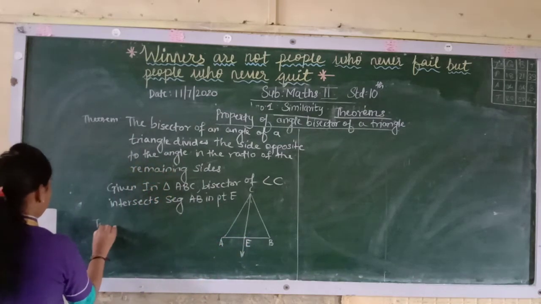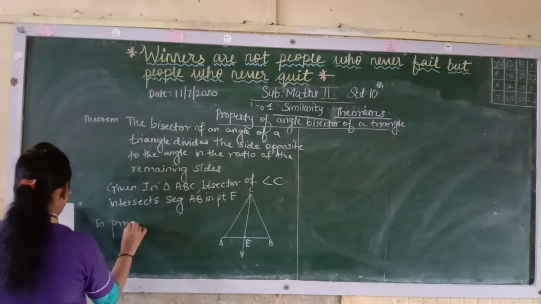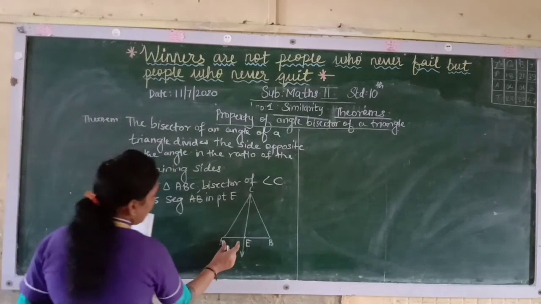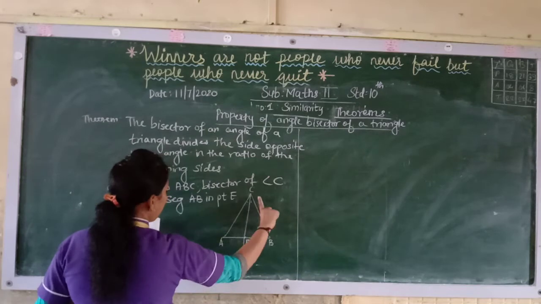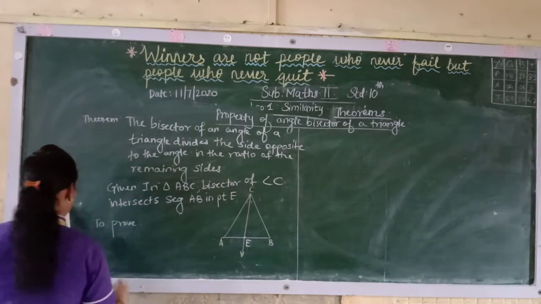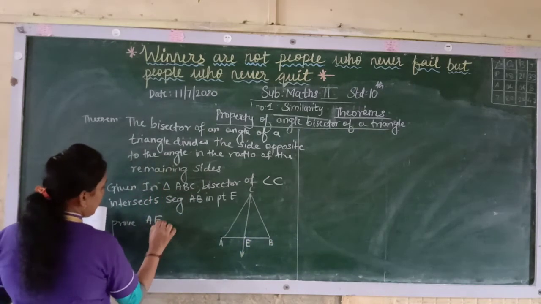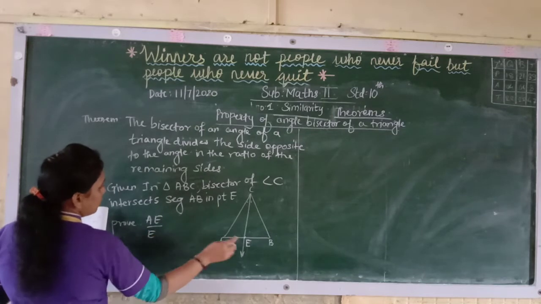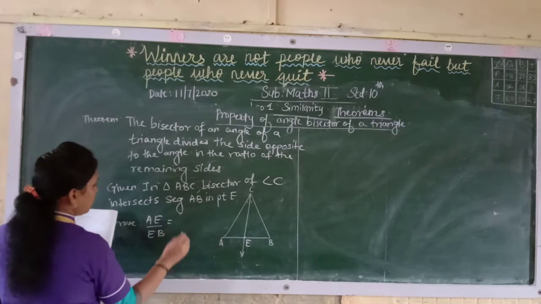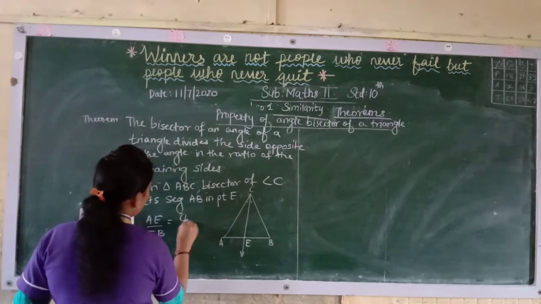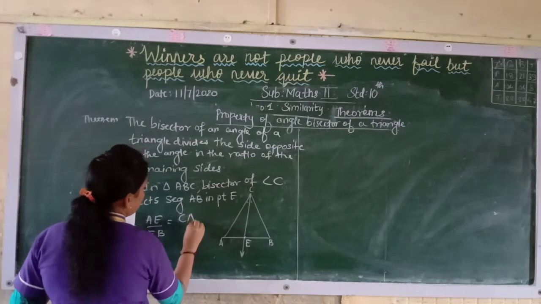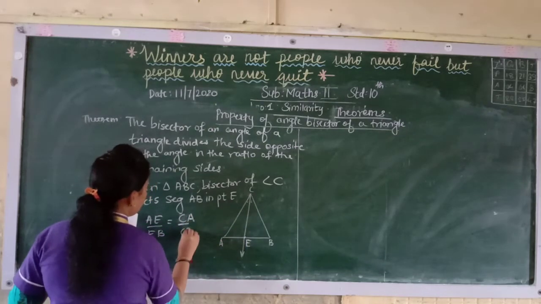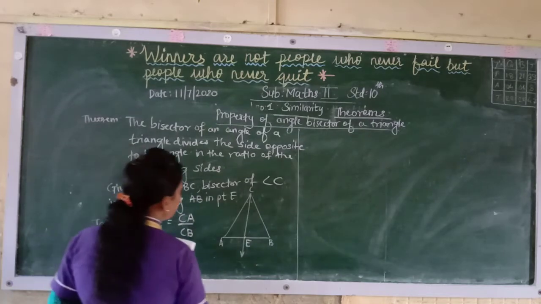Now, as I told you earlier, what we want to prove is that AE upon EB is AC upon CB. So here we will write AE upon EB equals CA upon CB, or AC upon CB.